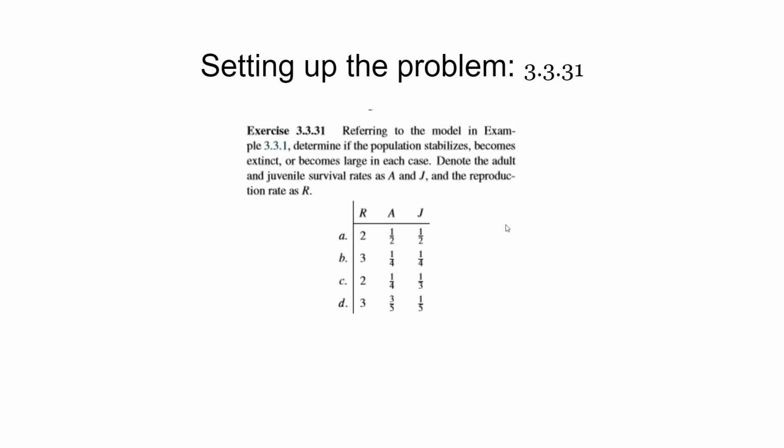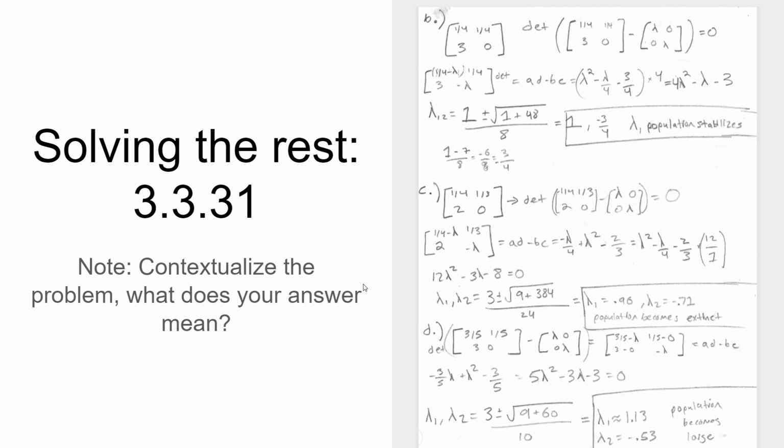We need to take our C. So we have 2 survival rates and a reproduction rate. We put our adult survival rate here, our juvenile survival rate here, our reproduction rate here, and then we figure out the eigenvalue by taking the determinant and subtracting this matrix by this matrix.